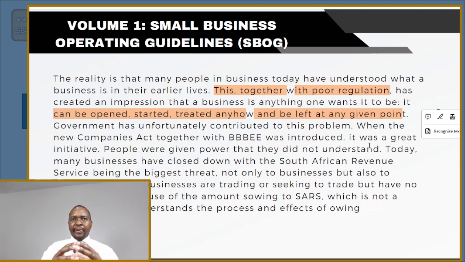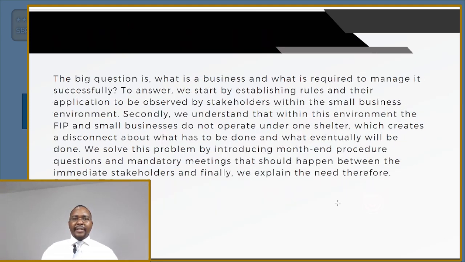Because most businesses are dependent solely on the tax clearance, and it's SARS who's issuing that tax clearance, and SARS wouldn't want to issue a tax clearance where you owe them, some of these businesses have really collapsed. And what we're trying to do here is to help businesses to ensure that whatever they do, they escape the net of SARS. All right.